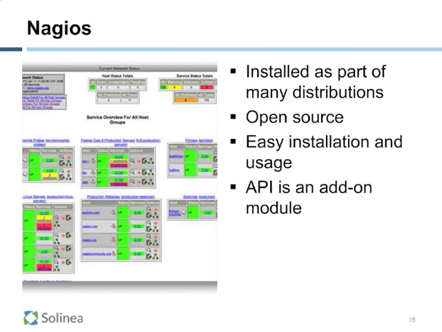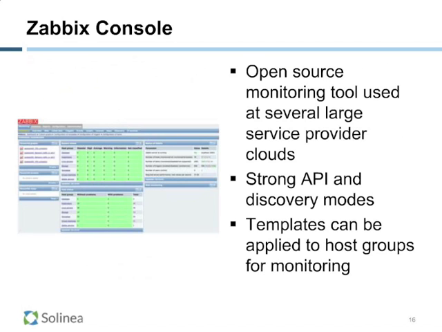Another option would be Zabbix. And so this is the Zabbix console. In general, we've tended to use Zabbix more often, mainly because it has a very strong API and discovery modes. It's an open source tool also that we've used at several large service providers. And it tends to have what's called a template that we can apply to the host groups.